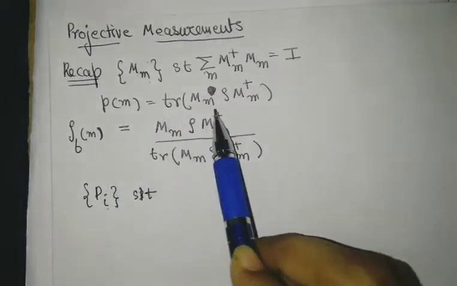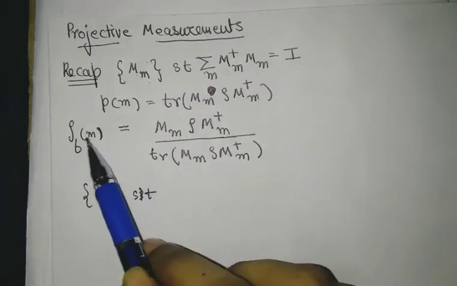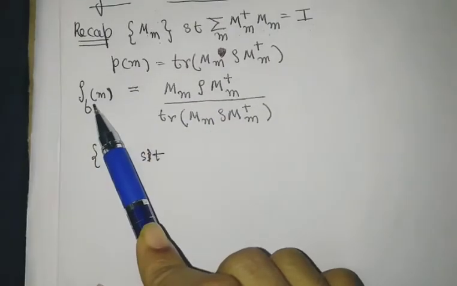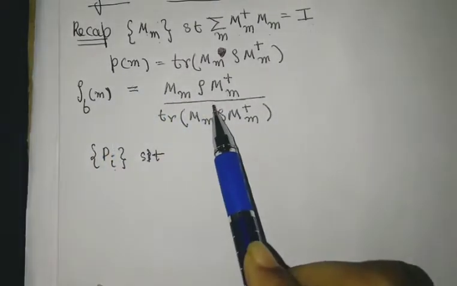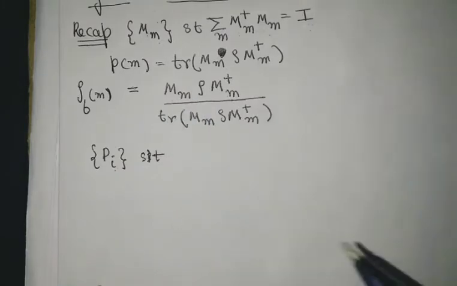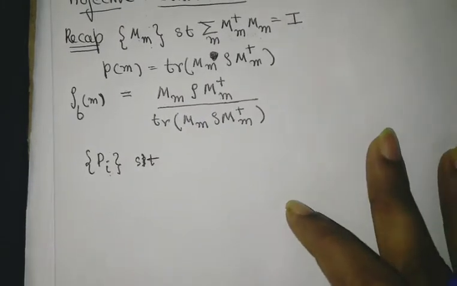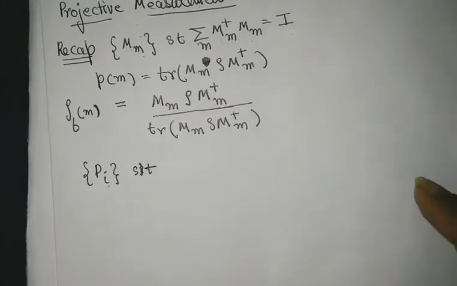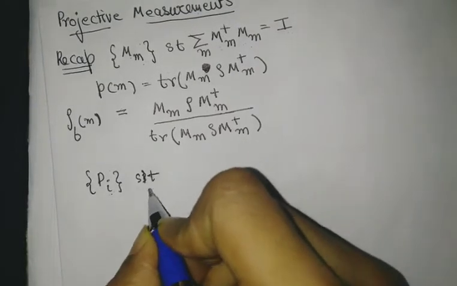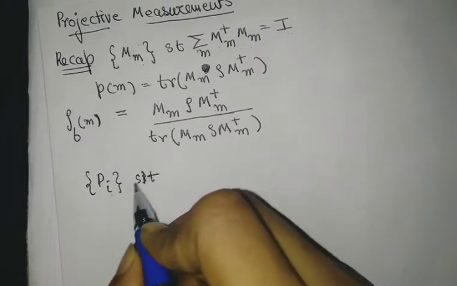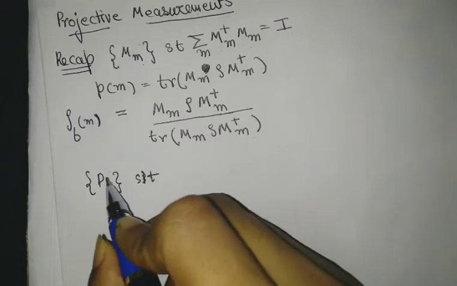So p of m is the trace of this with rho, and the state after measuring the value m is obtained by this. Now what are projective measurements? Projective measurements have a set of projectors. So what are projectors?